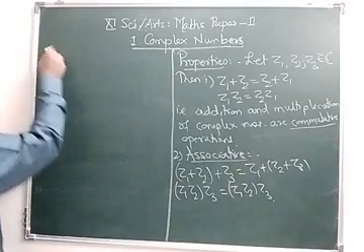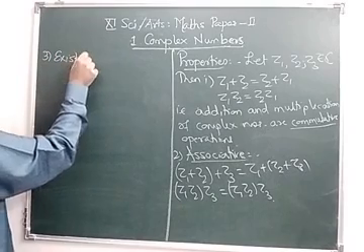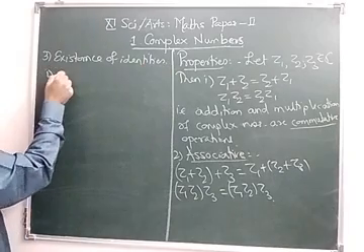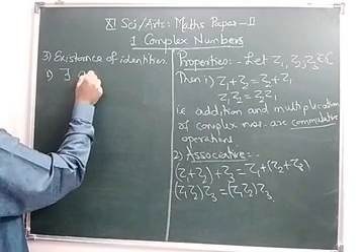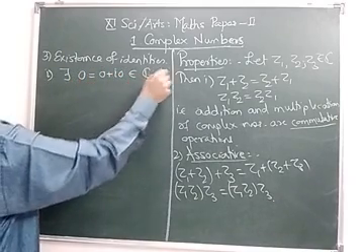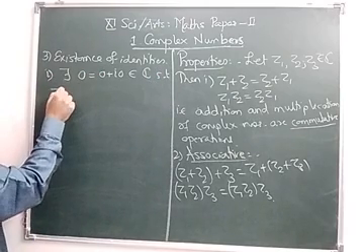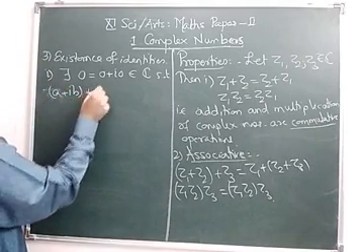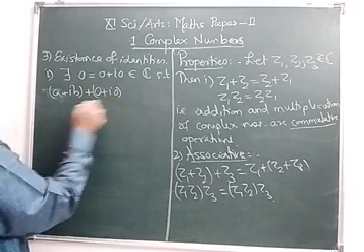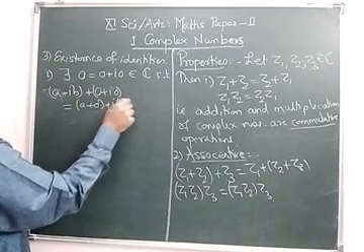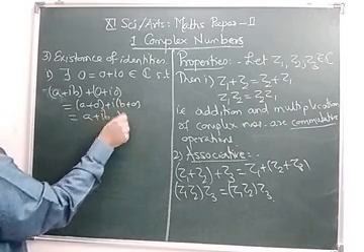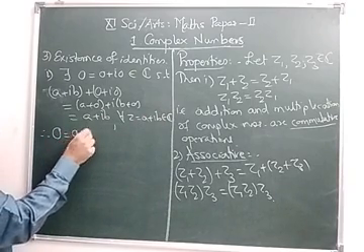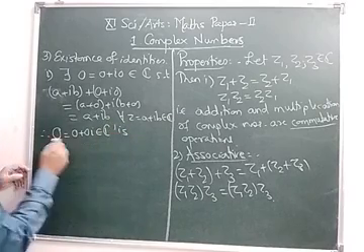Third, existence of identities. There exists 0 equal to 0 plus I0 belonging to C, such that A plus IB plus 0 plus 0I is the same as A plus 0 plus I times B plus 0, which is equal to A plus IB for any Z belonging to C. And therefore 0 equal to 0 plus 0I belonging to C is the additive identity.